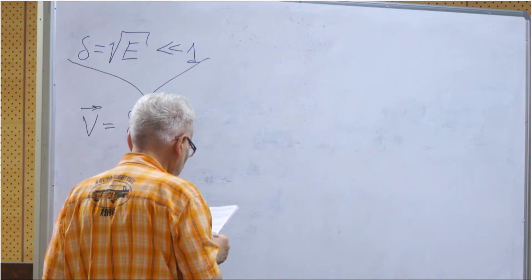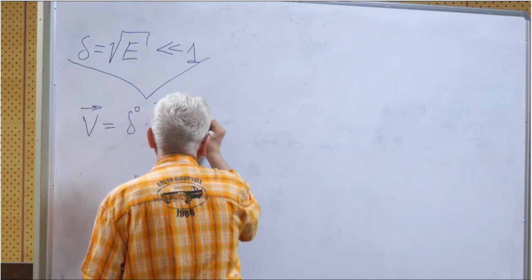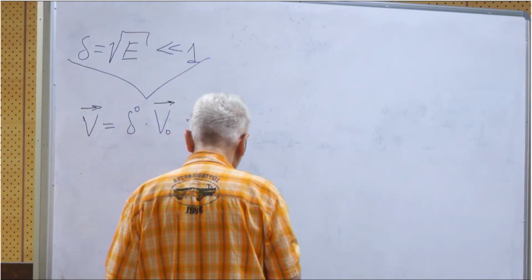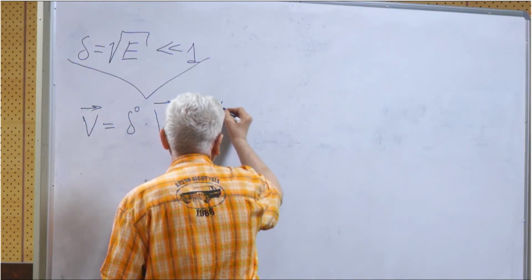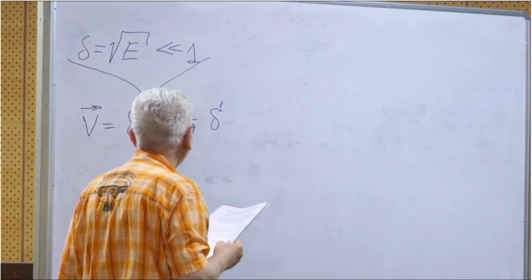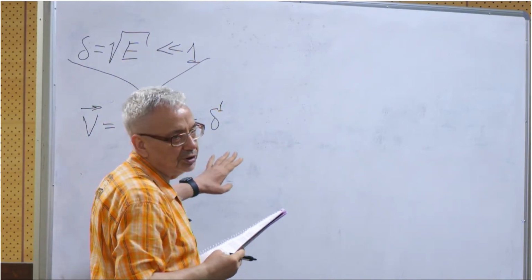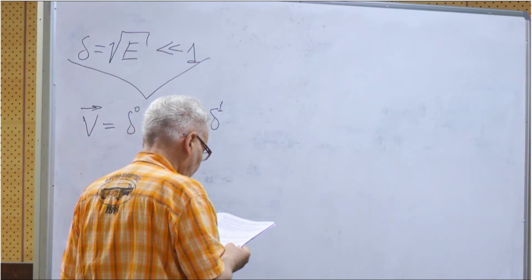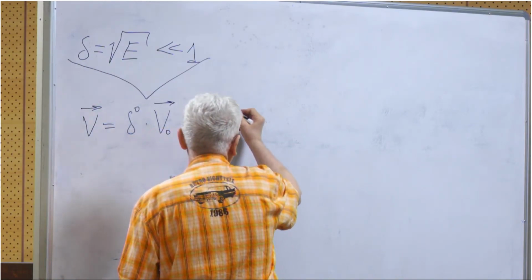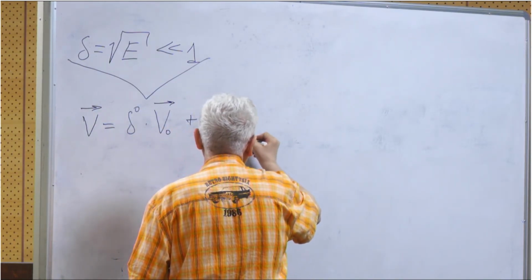Then the next, in quite similar fashion, we have plus delta in the first order. Of course, we cannot write that, but nevertheless, just to stress the method, let's put 1 here. And this, of course, corresponds to the vector V1.